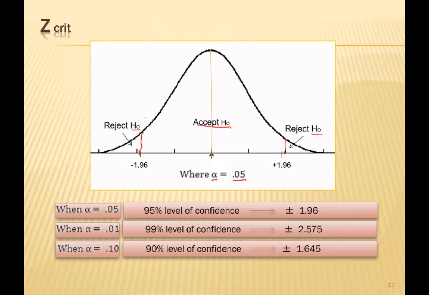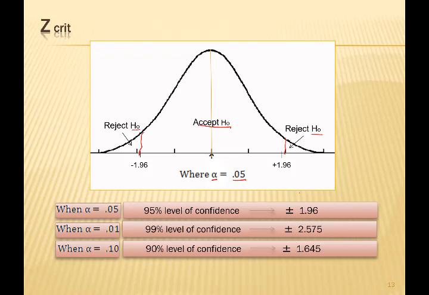Now, there are different levels of error that we can choose from. The most common one, and how this scale is created, is using the alpha of 0.05. It says at the bottom, when you use alpha of 0.05, that gives you 95% level of confidence with your decision, and to use plus or minus 1.96 to separate the acceptance region from the rejection regions.